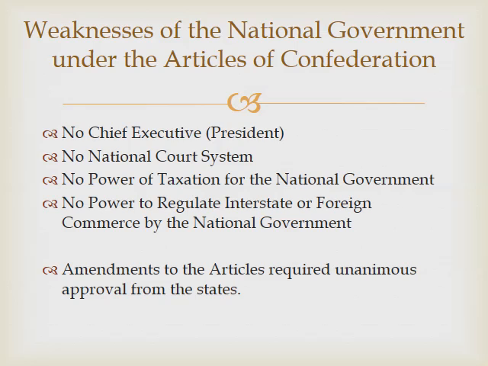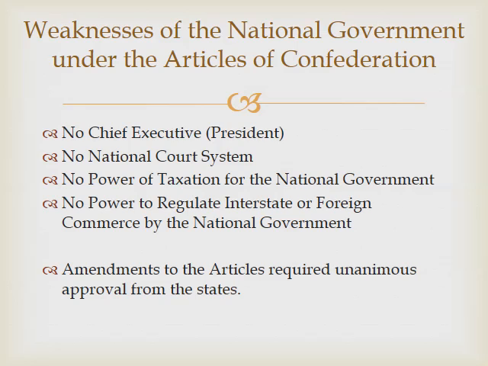To enact legislation, 9 states had to approve measures dealing with war, and in order to change the Articles, and this is a huge weakness, perhaps the biggest weakness, unanimous consent from all of the states was required. So 13 out of 13 states had to agree. You can only imagine how often they ever agreed on anything.